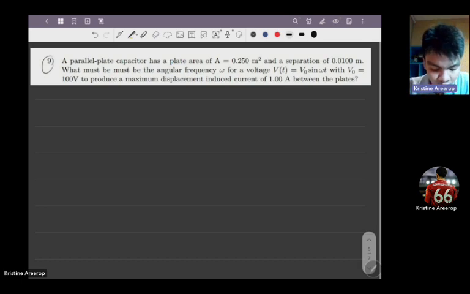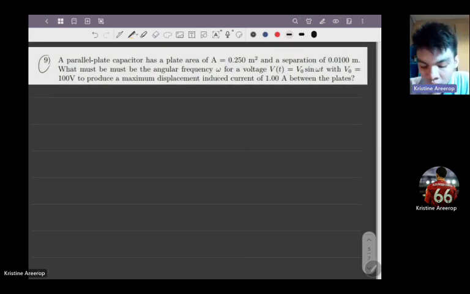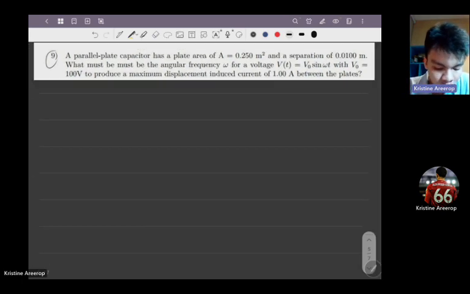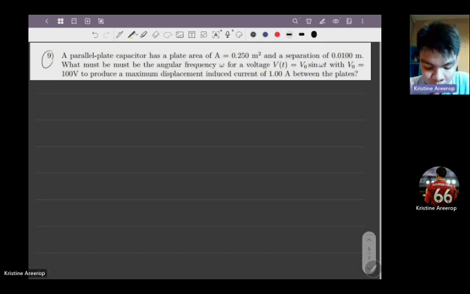What must be the angular frequency omega for a voltage V(t) equal V0 sine omega t, with V0 equal 100 volts, to produce a maximum displacement induced current of 1.00 ampere between the plates?